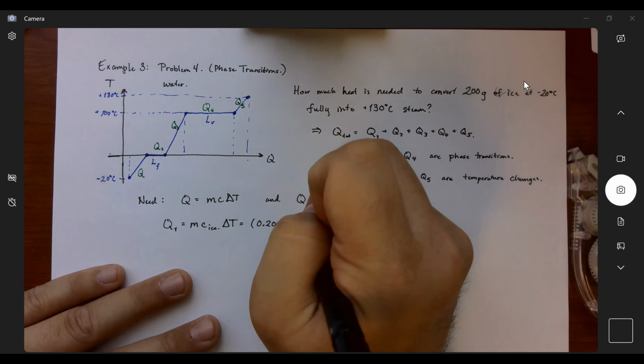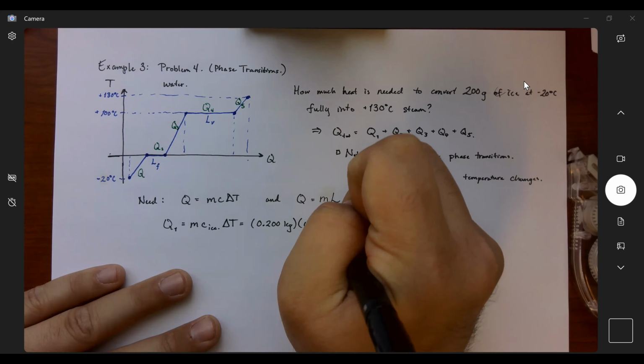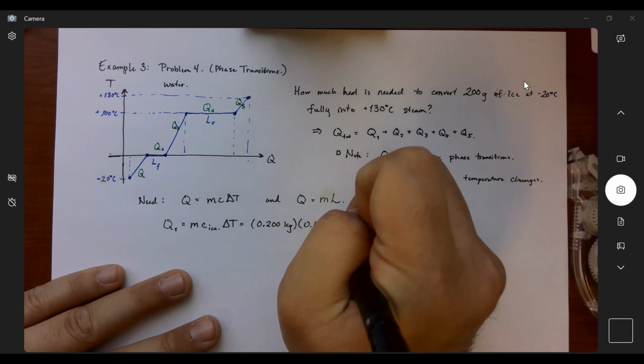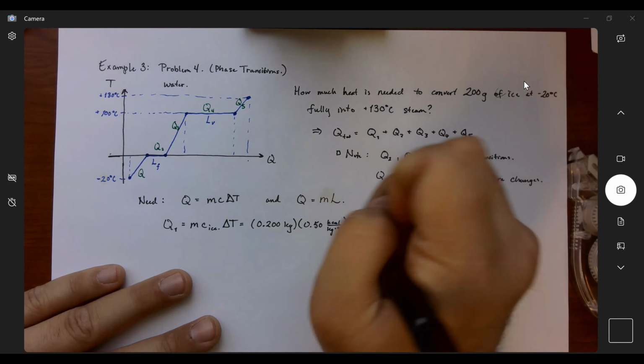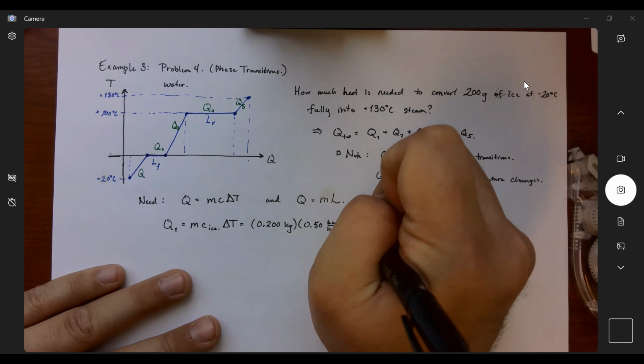The specific heat of ice is 0.50 kilocalories per kilogram times degrees Celsius, times the temperature change. And so the temperature change is final minus initial.